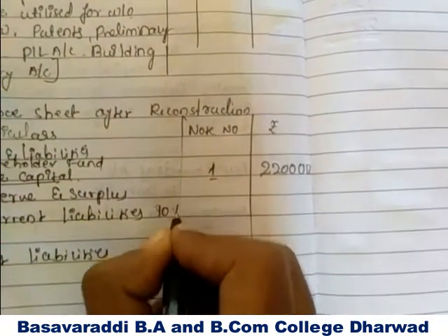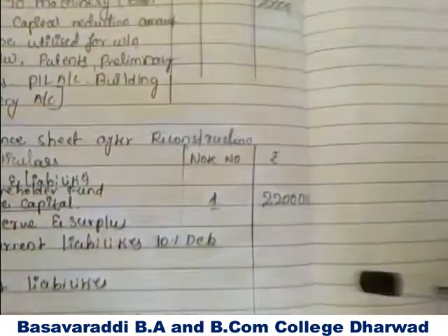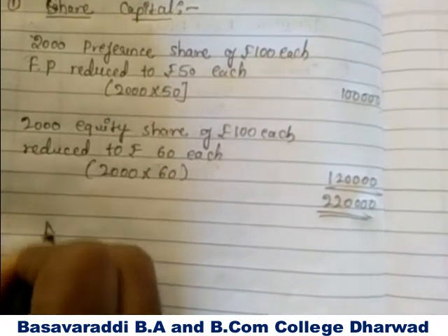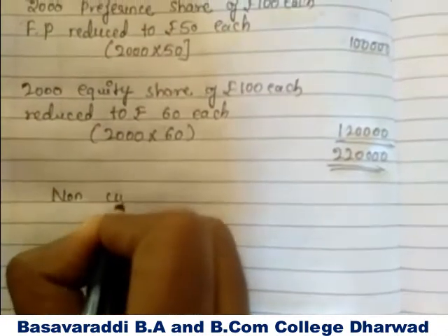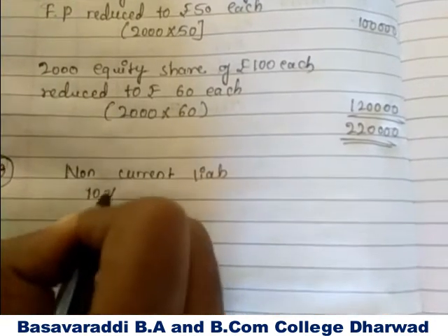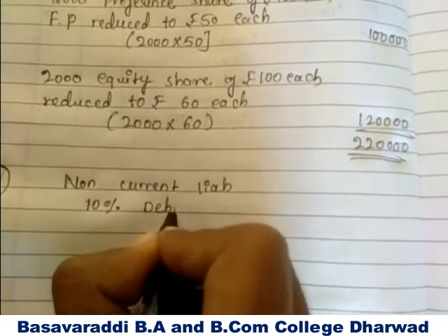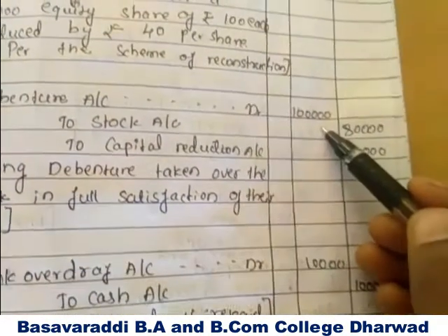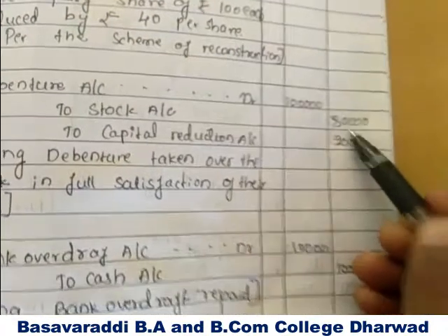10% debentures, it is given, right? Note number 2, non-current liability, that is 10% debentures. Already we have taken into consideration total 1 lakh rupees minus 80,000, 20,000.